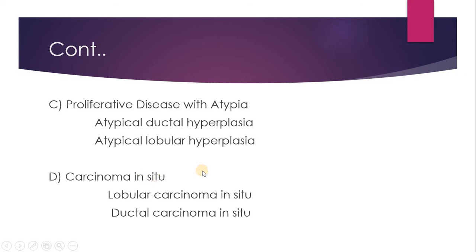Carcinoma in situ, if diagnosed in this state, is very positive for treatment and treatment outcome: lobular carcinoma in situ and ductal carcinoma in situ. These are benign breast lesions.